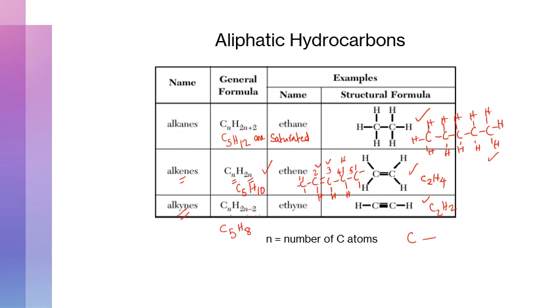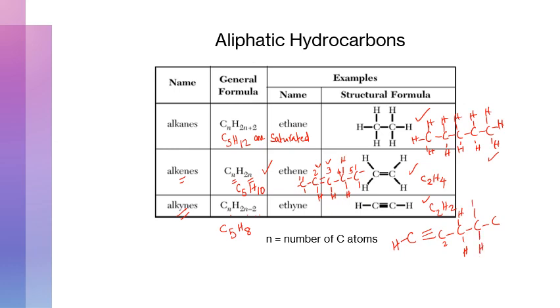First, I will write 1, 2, 3, 4, and 5. Since it didn't mention where to put the triple bond, I will just put the triple bond here at the beginning, and I will see how many hydrogens are needed. There must be 4 bonds around each carbon. For the second carbon, already 4 bonds are there, so I don't need a hydrogen on that carbon. I will put hydrogens on the others to make 4 bonds around each carbon.